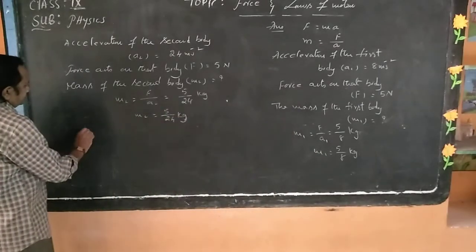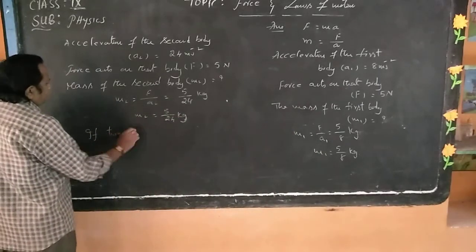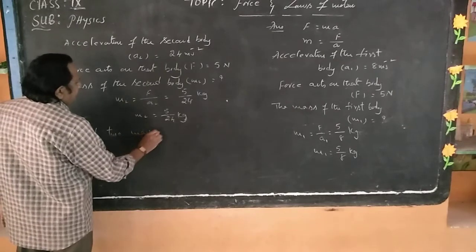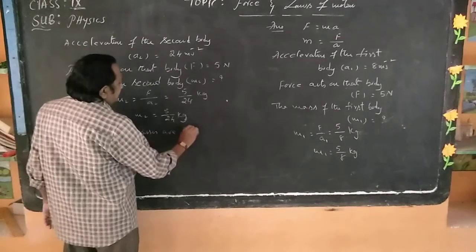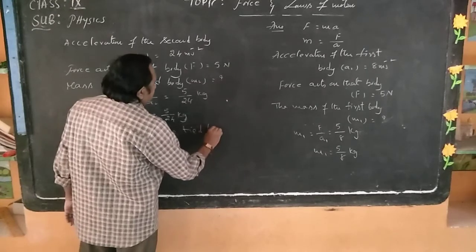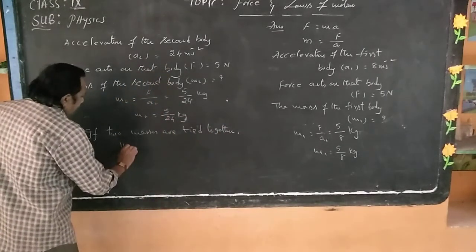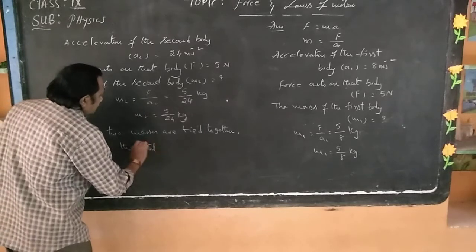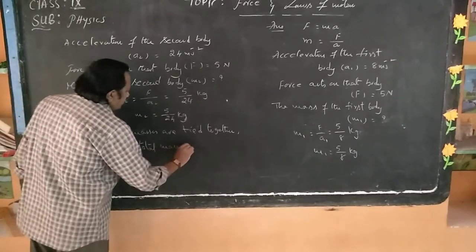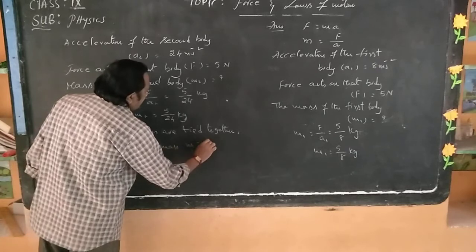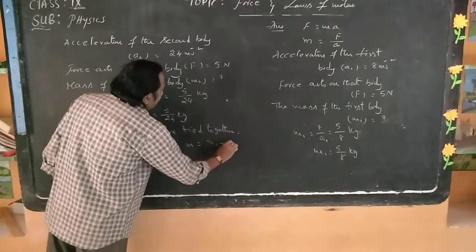If two masses are tied together, the total mass m is equal to m1 plus m2.